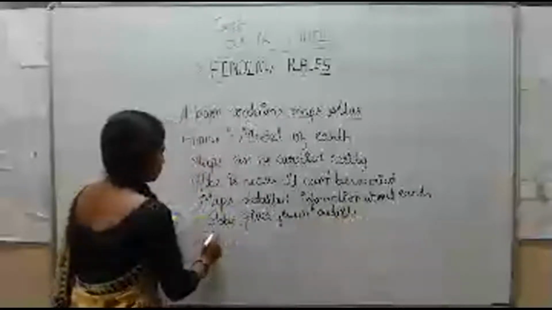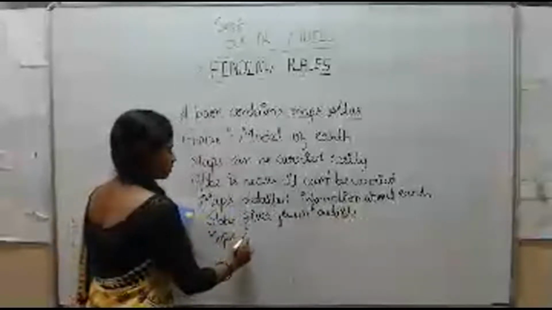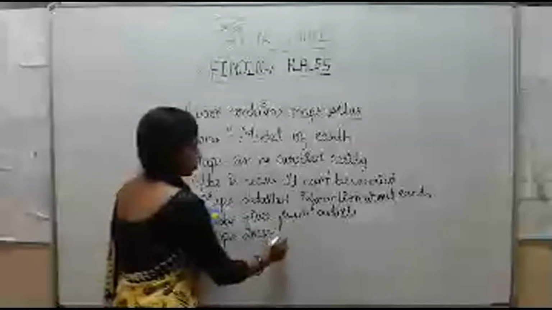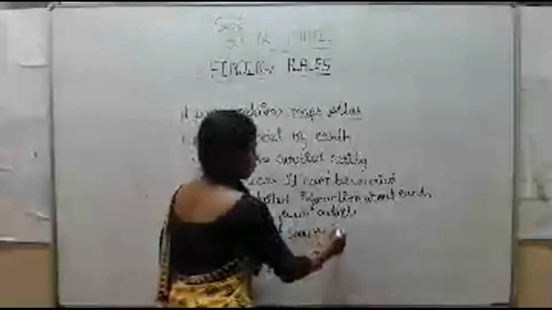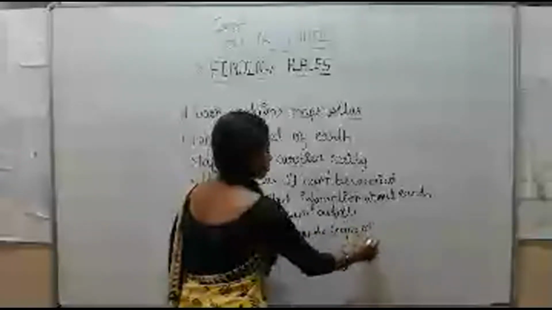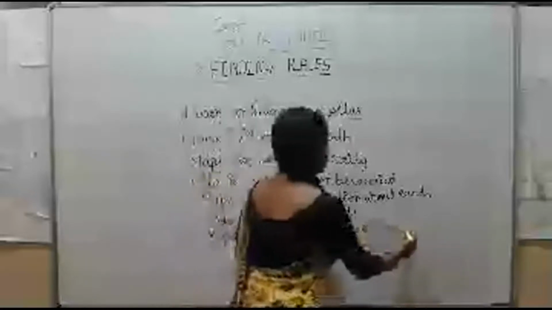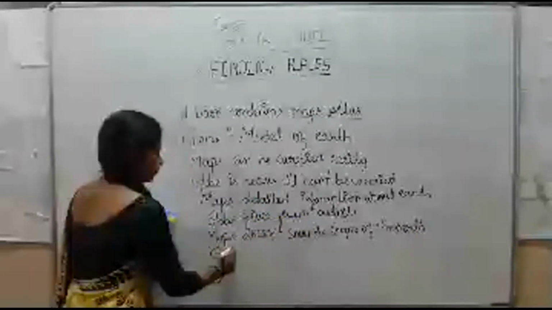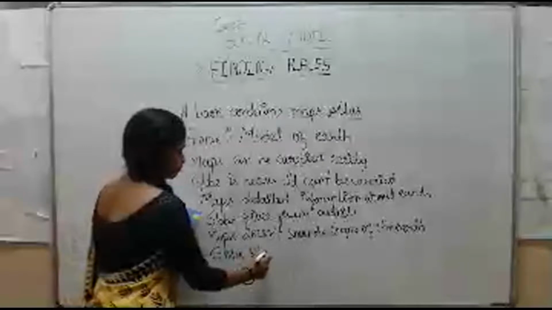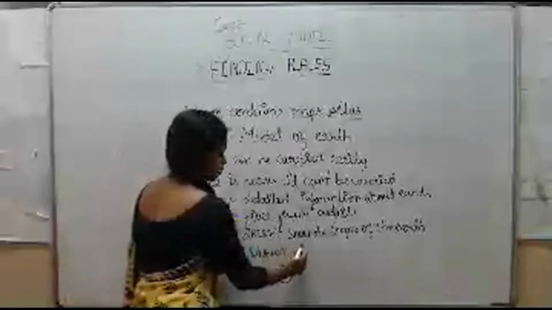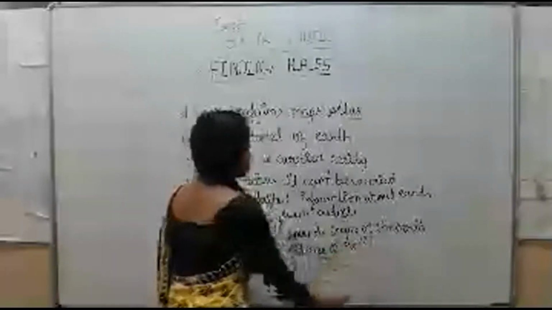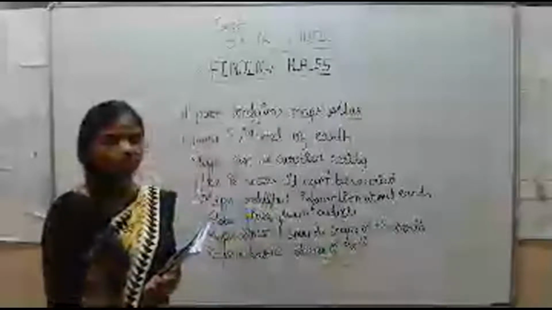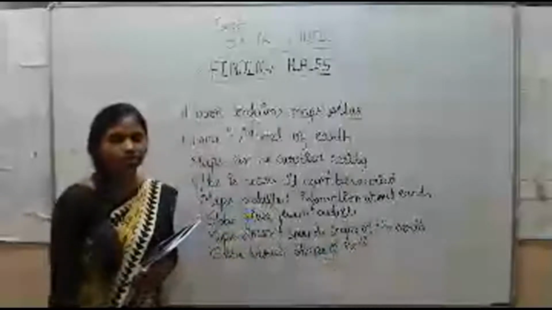And maps don't show the shape of the earth, whereas globe shows the shape of the earth. Because globe is a small model of earth, no? So it shows the shape of the earth very easily.